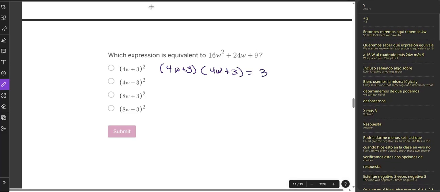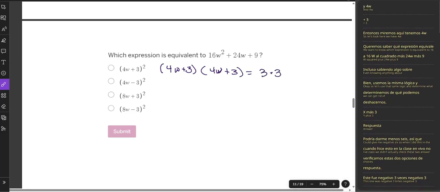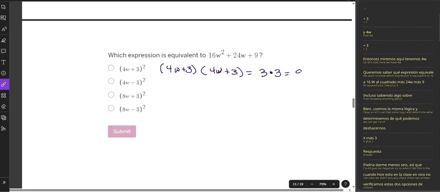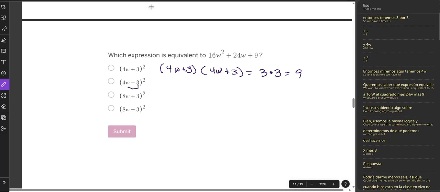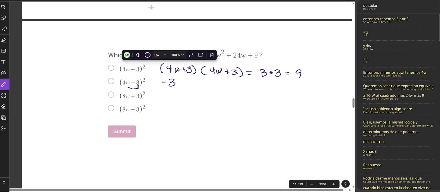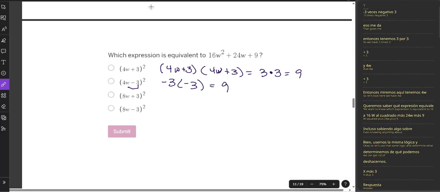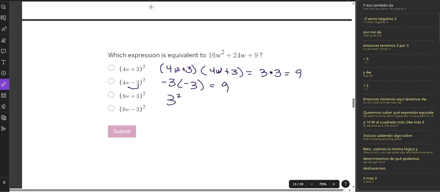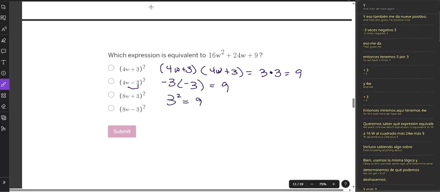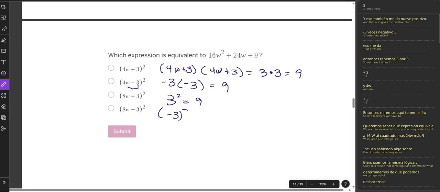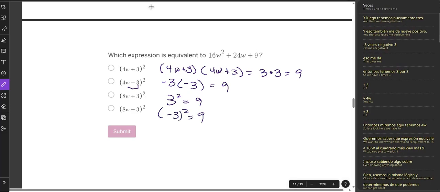So we have 3 times 3, and that gives me positive 9. So again, we have negative 3 times negative 3, and that also gives me positive 9. And then we have again 3 times 3, and that's giving me 9. So again, all of these only give us 9.